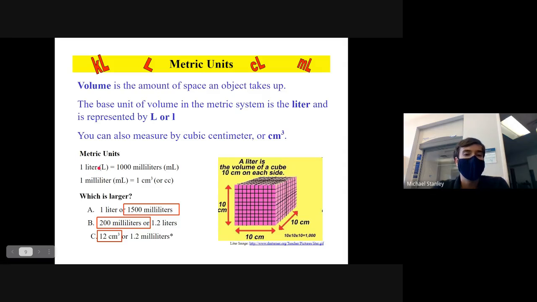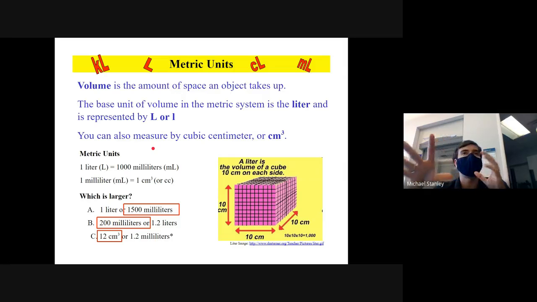When we're dealing with liters, for whatever reason, scientists don't really like using kiloliters. They mostly just stick with liters and milliliters. As you might imagine, 1 liter is the same as 1,000 milliliters. Again, a liter is like the size of one of those big, skinny Coke bottles from the store, and 1,000 milliliters goes into a liter. 1 milliliter is pretty small.